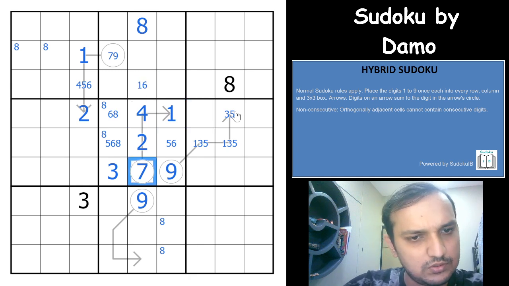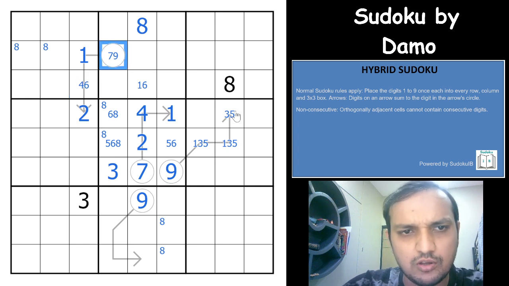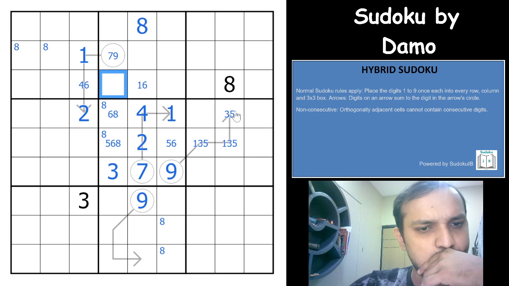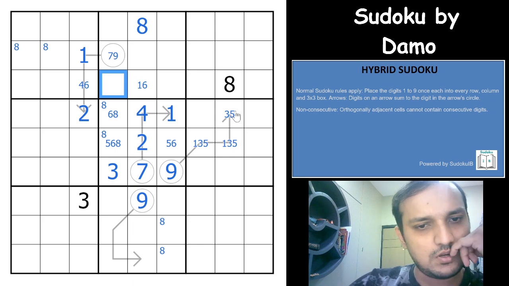One, 6. This cannot be a 5 because this 8 is already gone from this cell. So, come on.